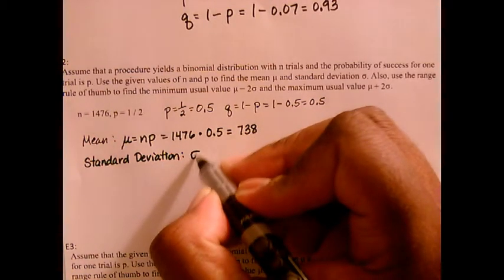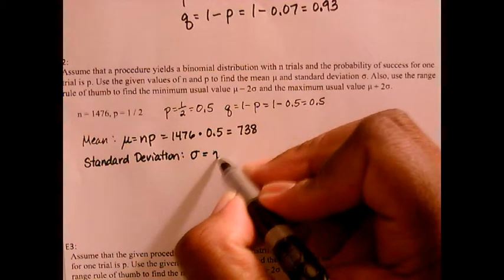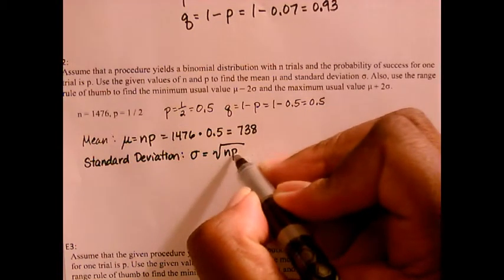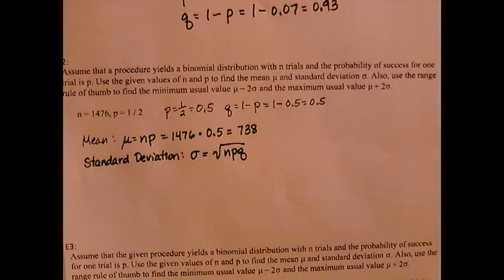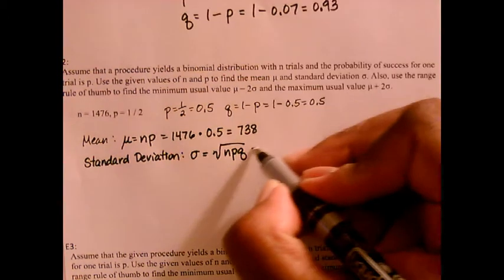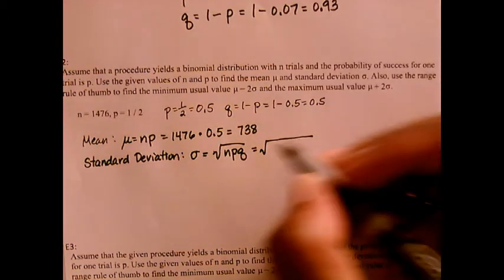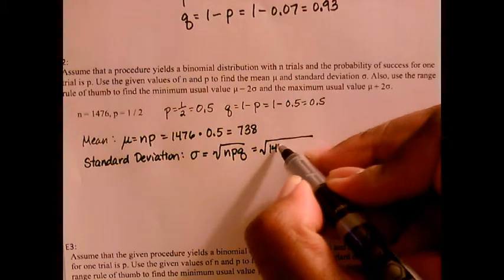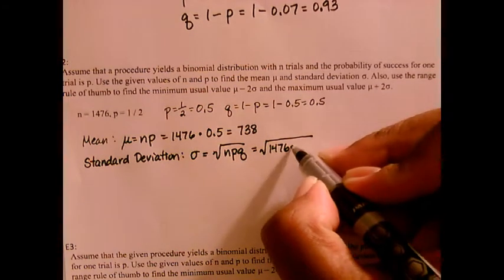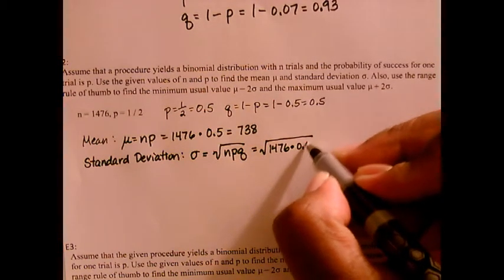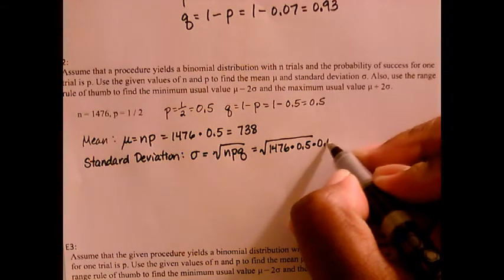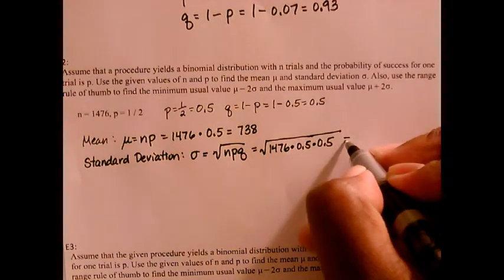To find the standard deviation, we use this formula. Sigma is equal to the square root of N times P times Q. So in this case, your N was 1476 times P, which is 0.5, times Q, which is also 0.5.